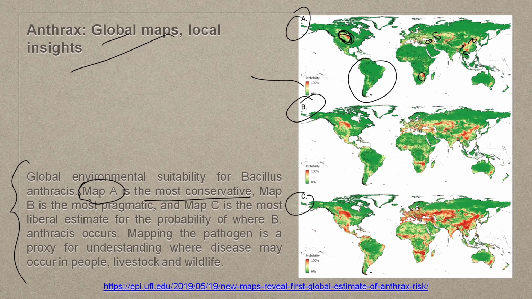Southeast Asia and Russia are again almost free from much of it. This is the most conservative map that people believe. It is there in these parts of the world. If you travel, just be careful. The second map, map B, is the most pragmatic map. This is the most practical utility map. If you look at it, you can see how the area has increased.